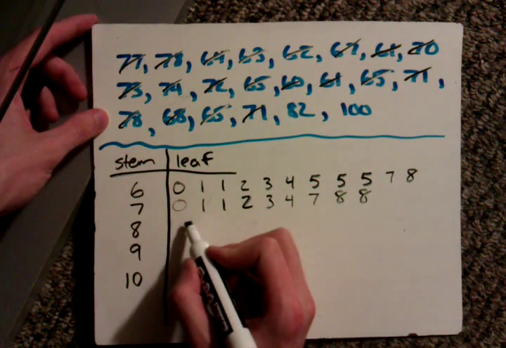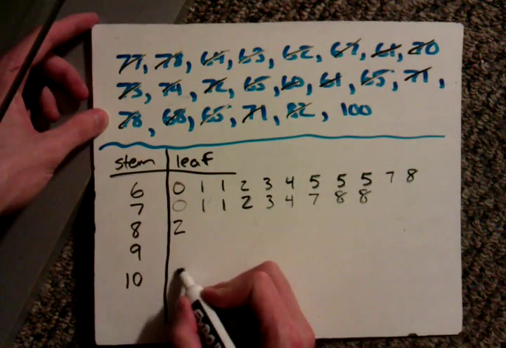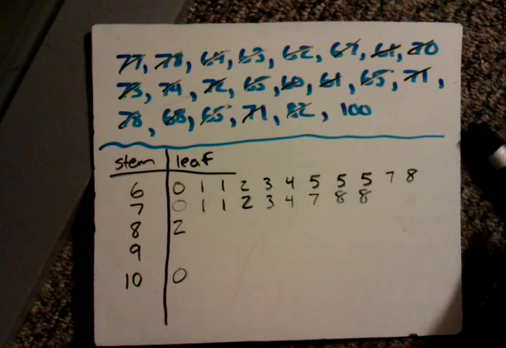Alright, we have an 82, we don't have any 90s, and we have 100. So our stem and leaf would look like this. That's a nice way to organize your data.